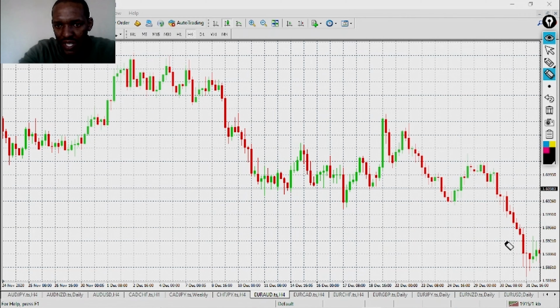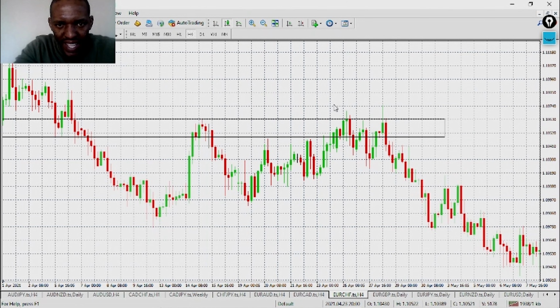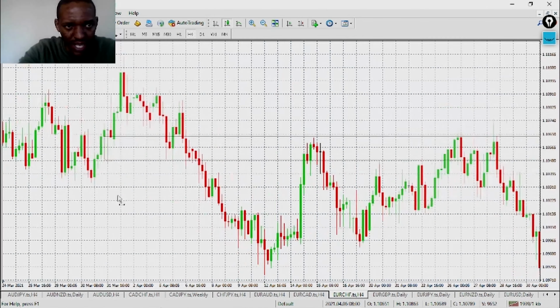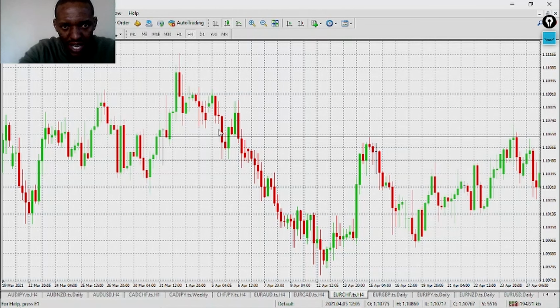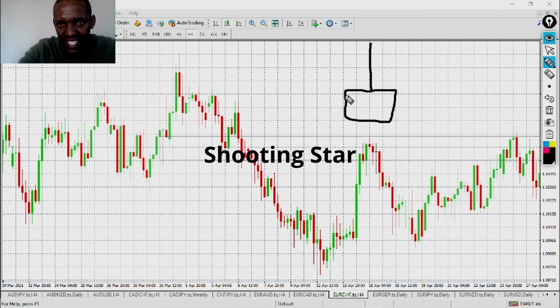And then let's go quickly to this one. A shooting star. Let me explain a shooting star quickly to you guys. As long as the wick is bigger than the body, this is the wick, this is the shade, this is the body, this is the candle, that's a shooting star.